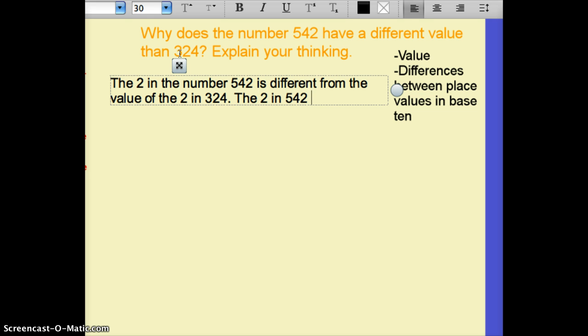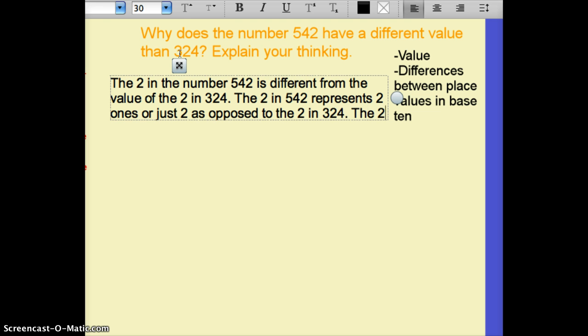The 2 in 542 represents two ones, or just 2, as opposed to the 2 in 324. The 2 in 324 represents 2 tens, or 20.